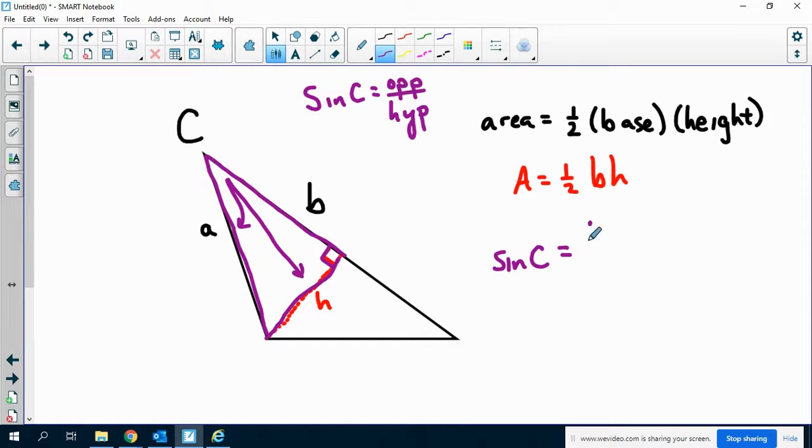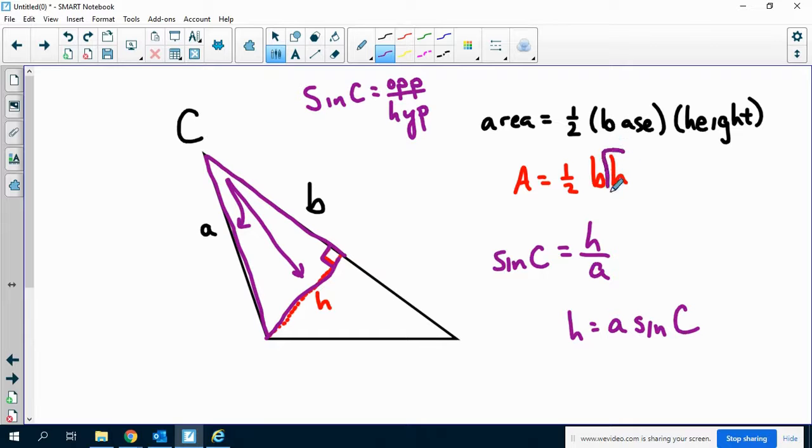So the opposite is H, and the hypotenuse is A in this little triangle. So if I solve for H, which remember I didn't know what it was, I would multiply the A over, and I get A times the sine of C.